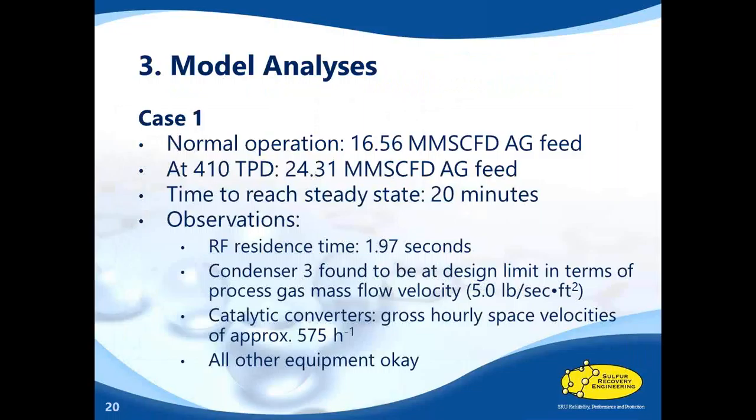And 410 tons per day was the calculated maximum the unit can operate. So the equipment pinch point was condenser 3. The catalytic converter gross hourly space velocity was 575 inverse hours. All other equipment appeared okay, and all other control and valve operations seemed to be working well.